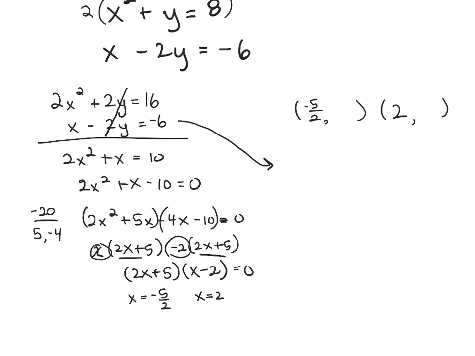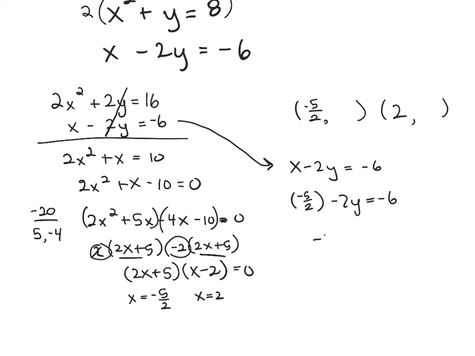So if we take this bottom equation now, x minus 2y equals negative 6, and substitute our x values into that, the first one would be negative 5/2 minus 2y equals negative 6. We can solve for y.